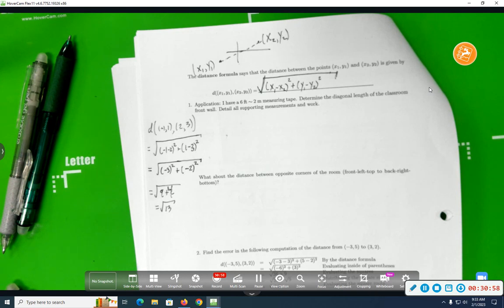Only barely long. That's as far as you can go. Is there a midpoint in this room that we can do? I don't double it.